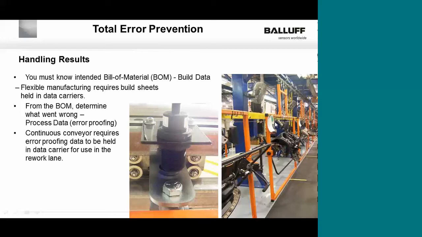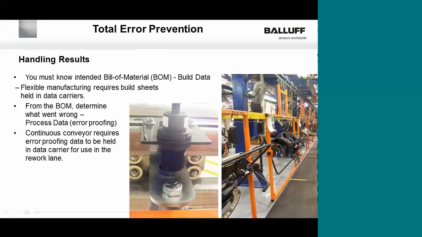So that in mind, if we now look at the image to the left, we can see a Balluff read-write head, and underneath that is an RFID tag that would be affixed to the carrier. By using RFID, we're essentially able to eliminate the requirement of this handheld sheet that's affixed to the carrier.